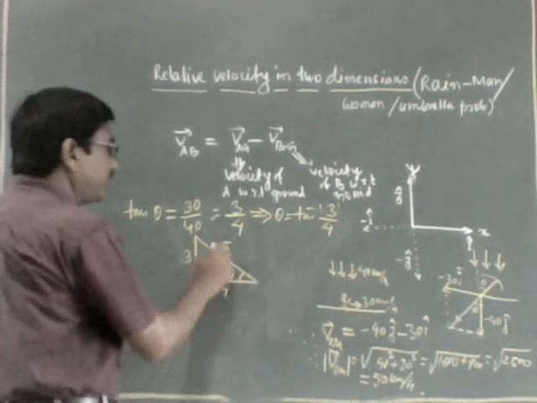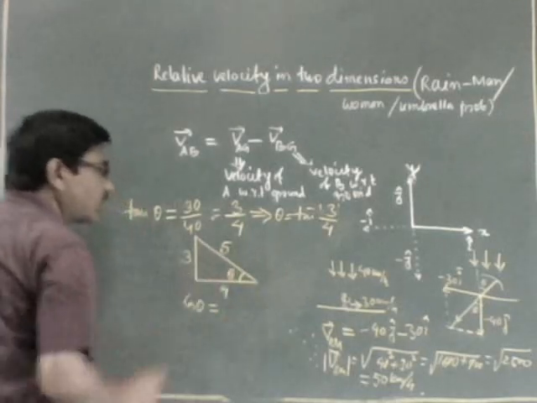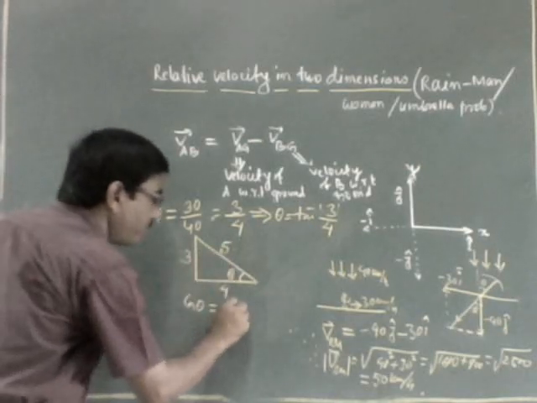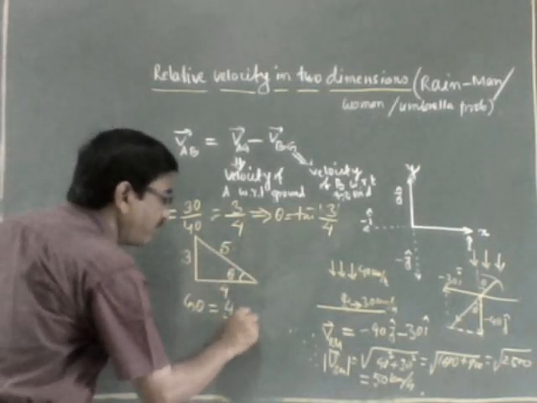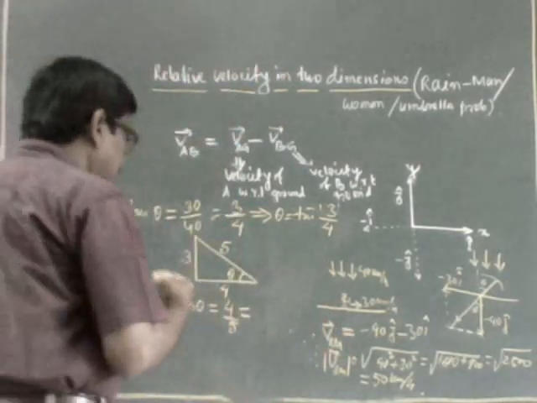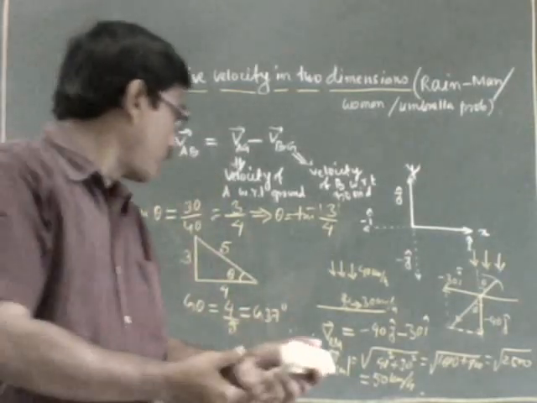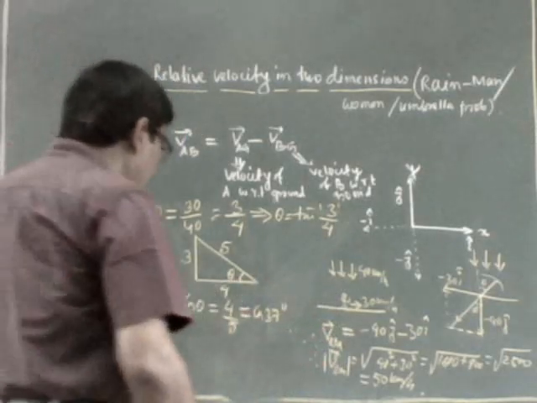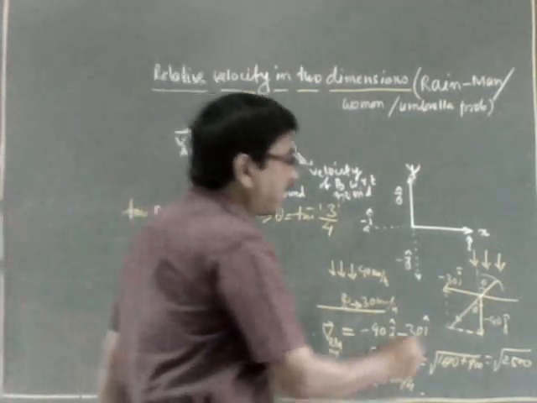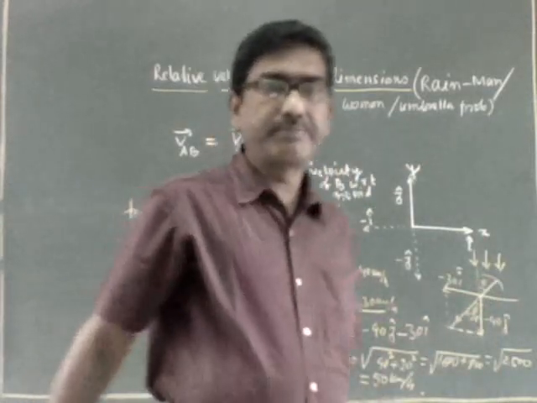Now if you take cos theta, then cos theta is equal to 4 by 5, and you know that cos 37 degree is equal to 4 by 5. So therefore theta is equal to 37 degree. At what angle is this to be oriented? 37 degree.